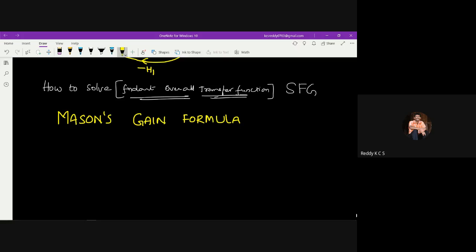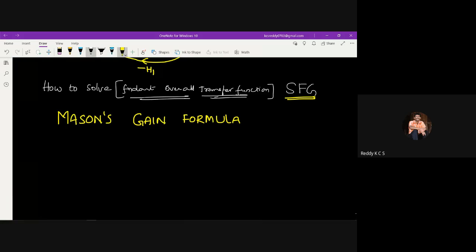Similarly, if the SFG, the signal flow graph of the system, is known, then I can apply Mason's gain formula, so that we can get the overall transfer function of the system. Mason is the name of the scientist who came up with this formula to solve the signal flow graph.